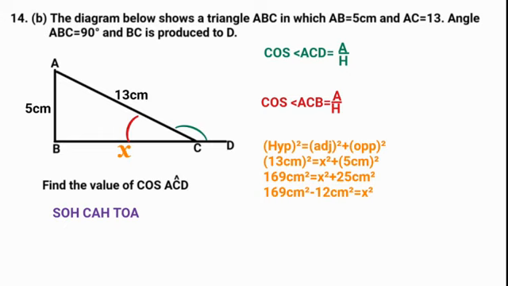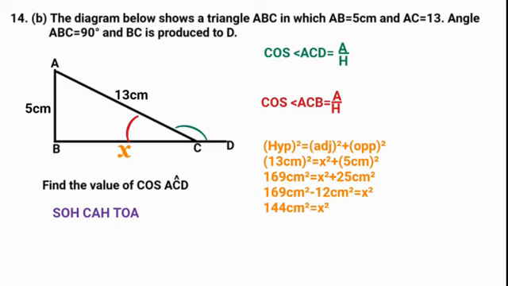When we subtract 169 minus 25 centimeters squared, it gives us 144 centimeters squared, which is equal to X squared. At this stage, we're going to find the square root of 144 centimeters squared and X squared.